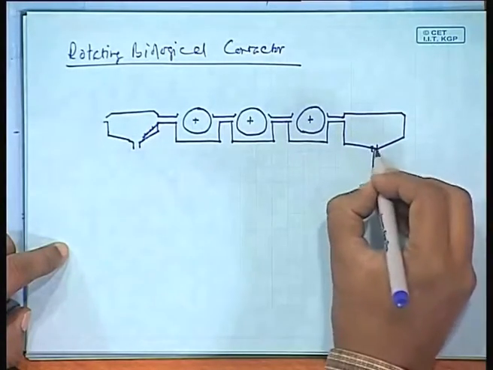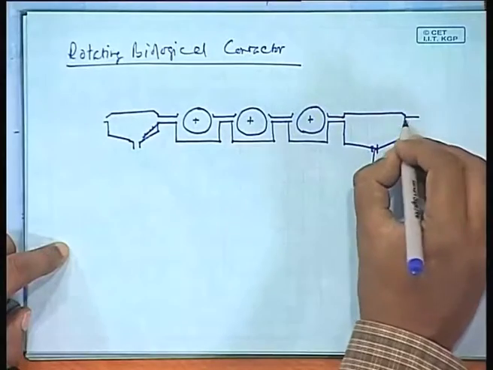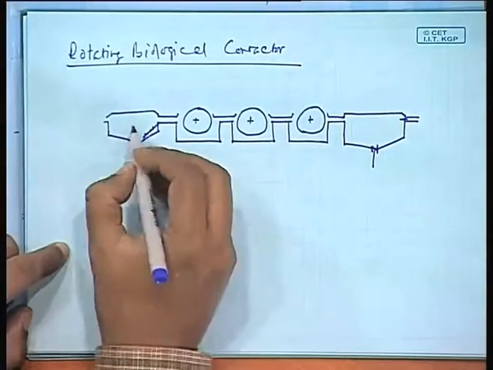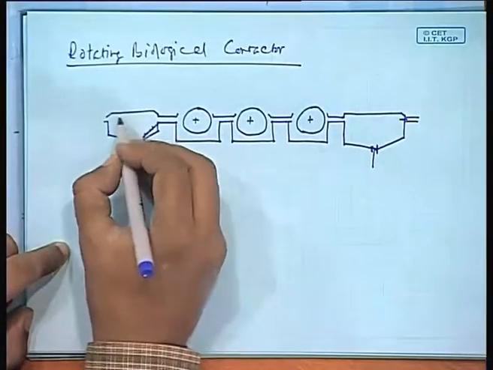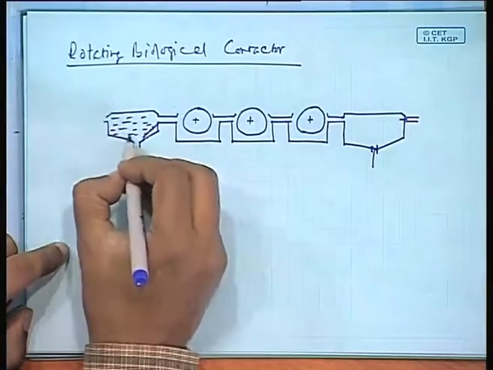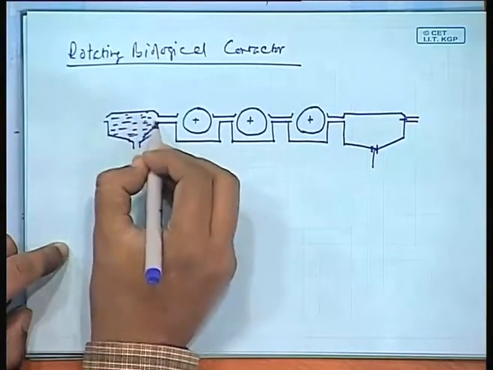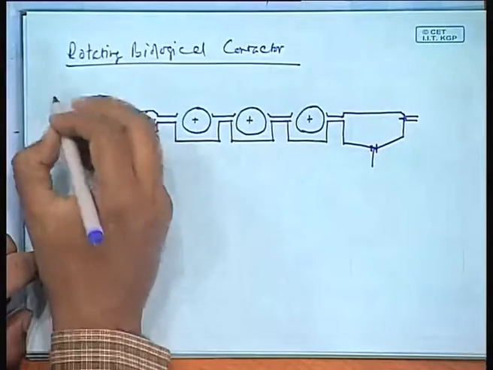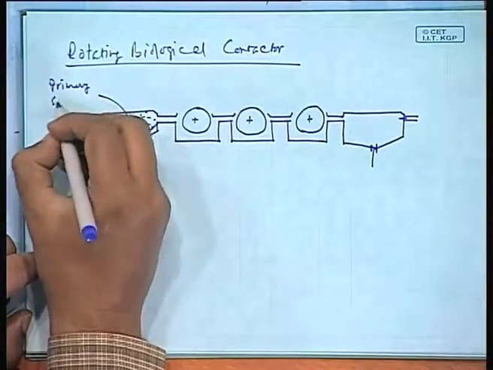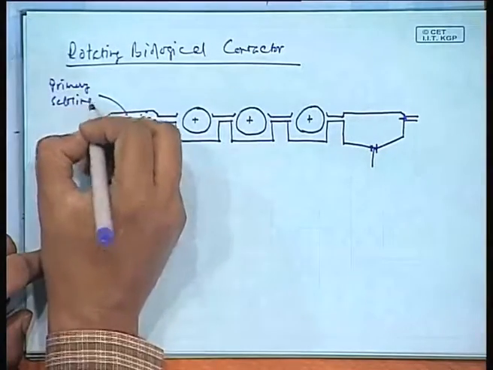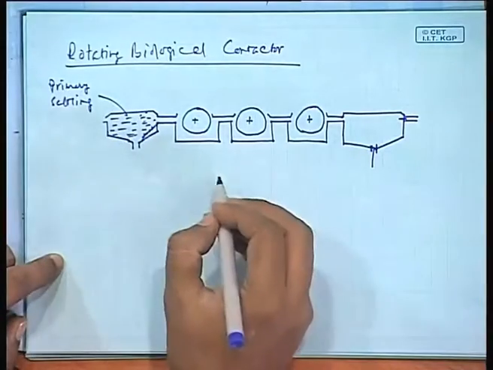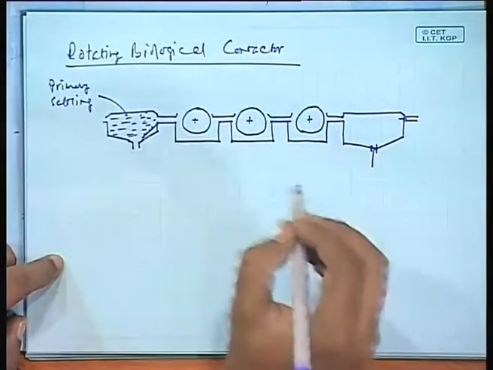Here this would be an opening, and this would be an opening there also. So you see, this is where primary settling is taking place. You can see this primary settling tank, you can generally take it out.